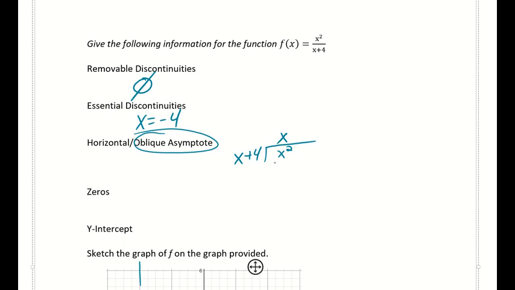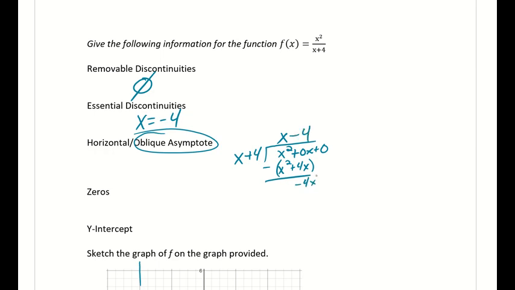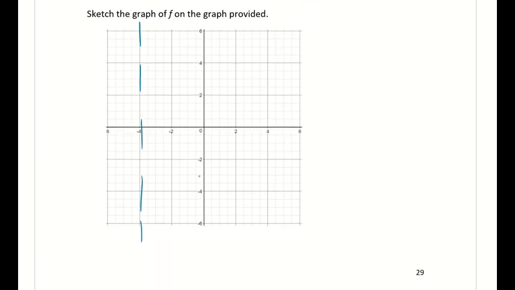So we multiply x by our entire divisor, so we've got x squared plus 4x. We subtract that term. We end up with -4x. -4x divided by x is -4, and we can stop there because we don't care about the remainder. So y is equal to x minus 4 is our oblique asymptote.